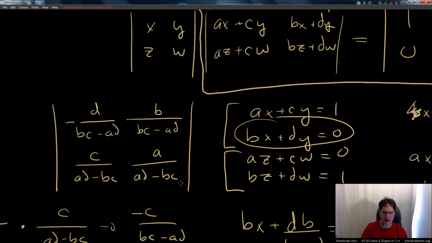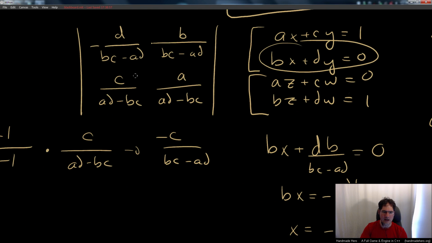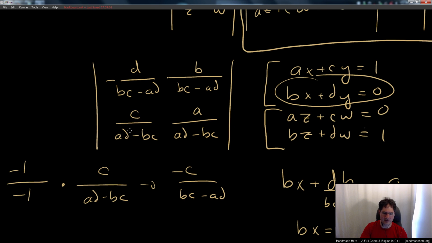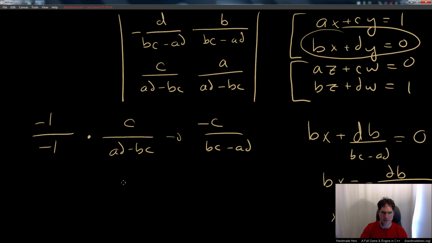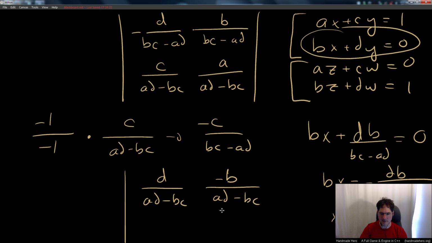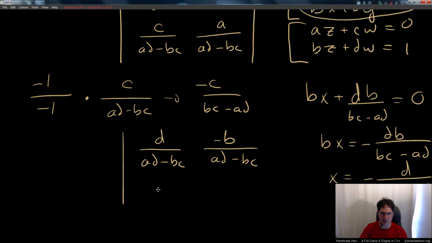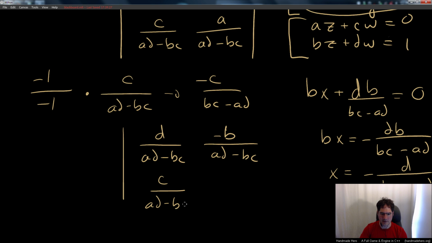Well, you know what? Actually, here's the easiest way to do it, I suppose. If I was to convert these all to the same one, let's convert them all to AD minus BC, right? So what I would end up with is a matrix that would look like D over AD minus BC, negative B over AD minus BC, and then C over AD minus BC and A over AD minus BC, right?